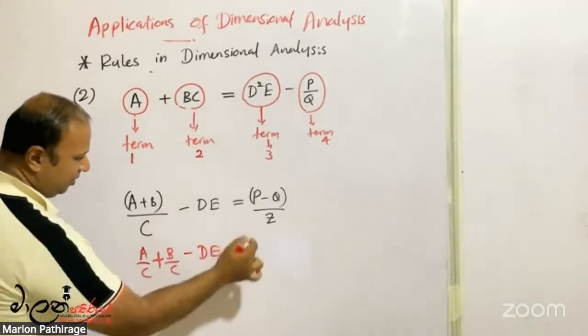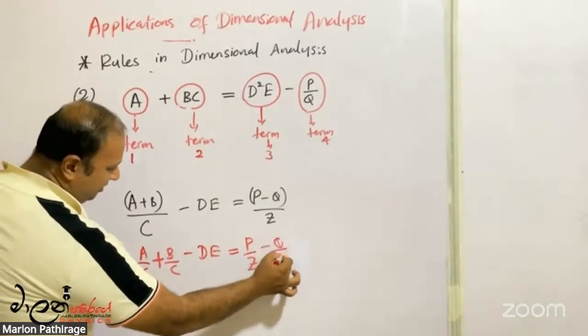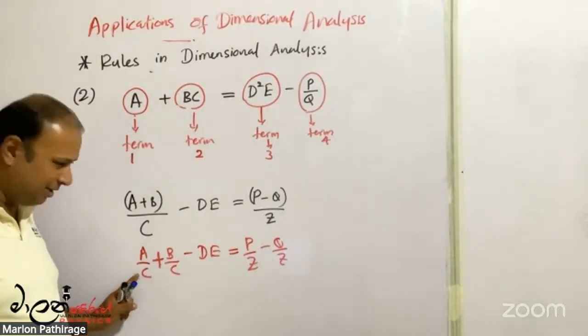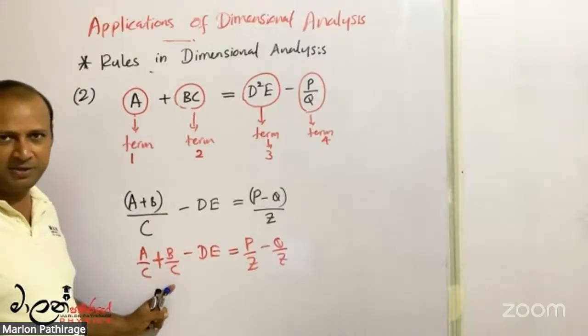Here you can think P over Z minus Q over Z. Therefore, A over C is one term, B over C is one term.